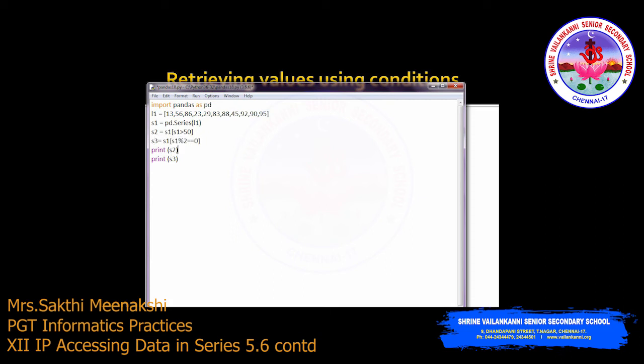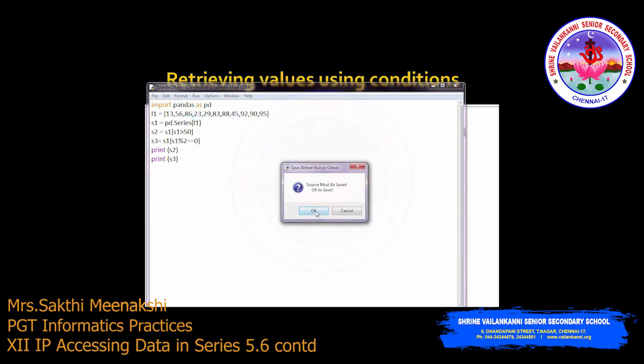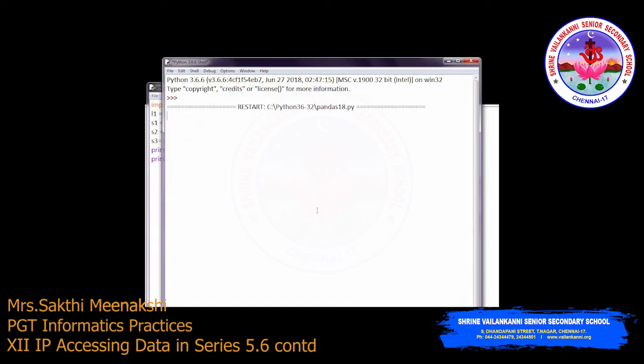Now we are printing S2 and S3. You can get the result. Here we are getting all the values greater than 50, that is S2, and here we are getting all the values which are even numbers.